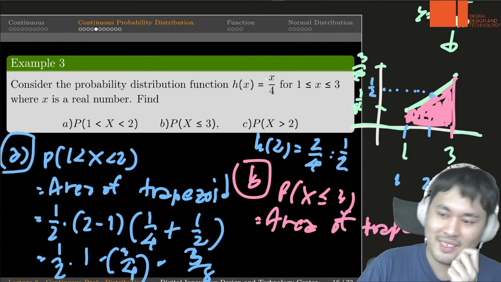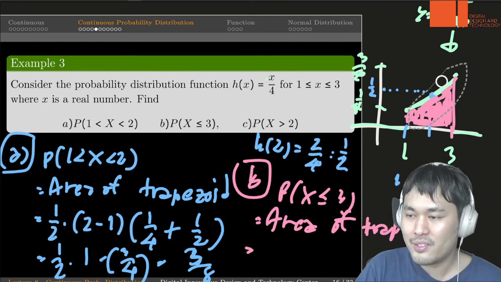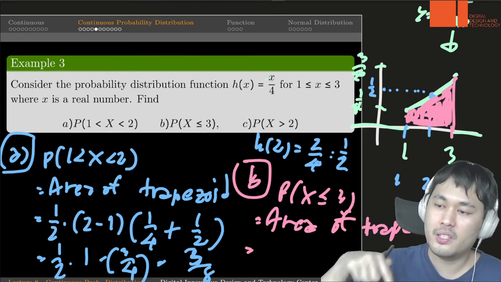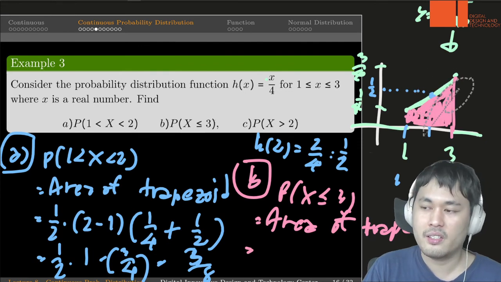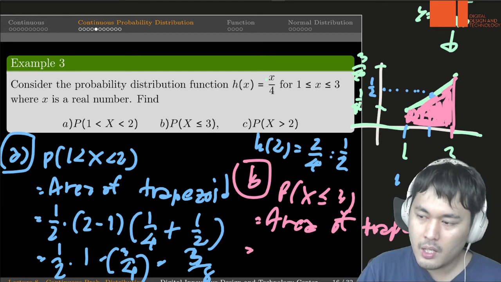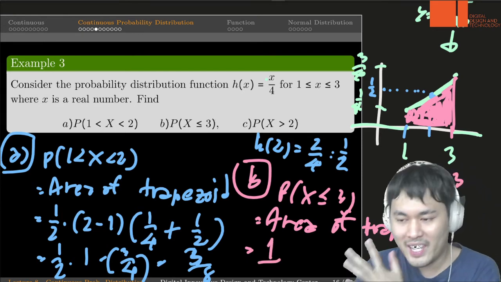Don't worry about the word, but you can see that this is actually the whole thing. Since it's the whole thing, and we know that the area under the curve of the whole shape is 1, we can say without having to compute again that it is 1.